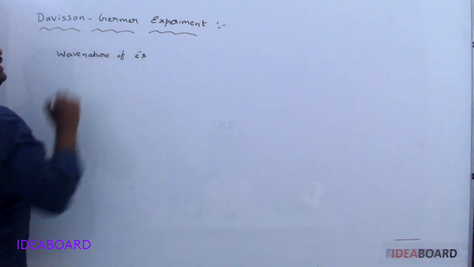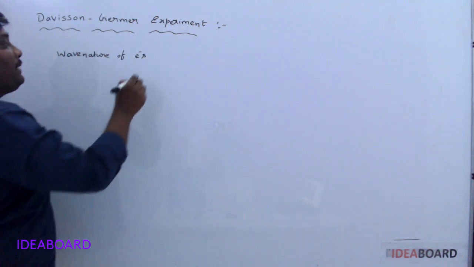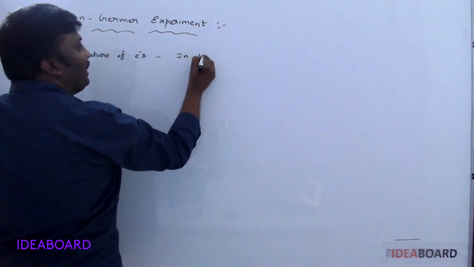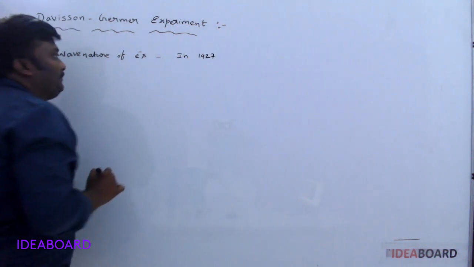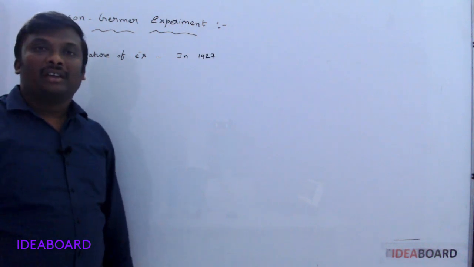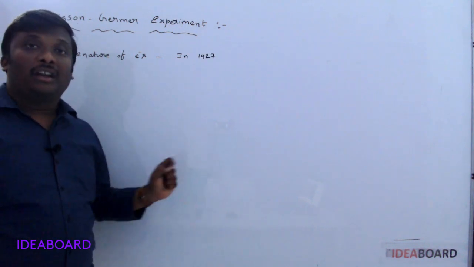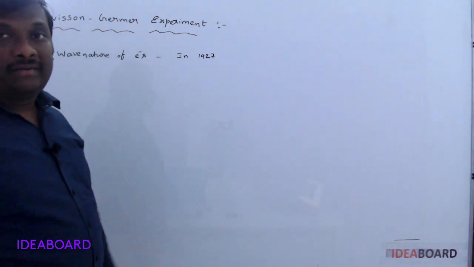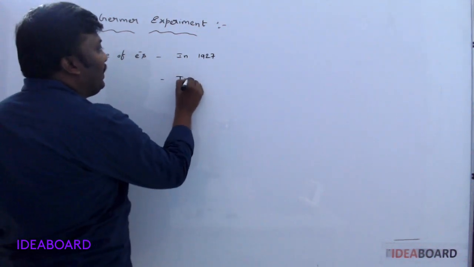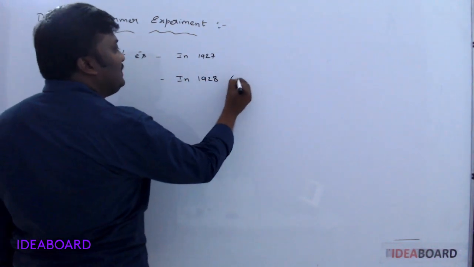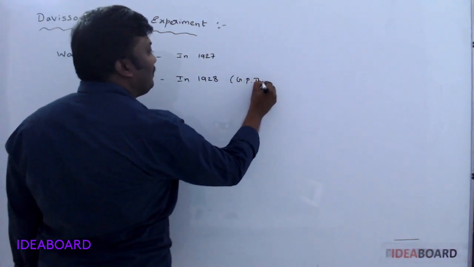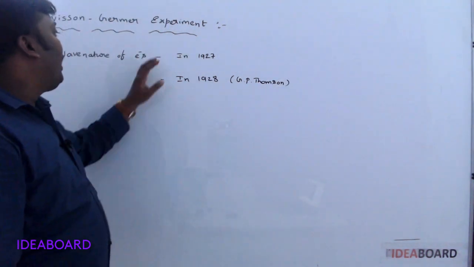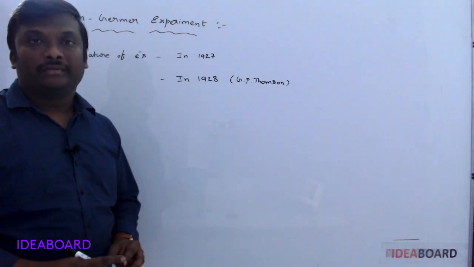The wave nature of electrons was first experimentally found by Davison and Germer in 1927. In 1928, G.P. Thomson also found that electrons have wave nature.